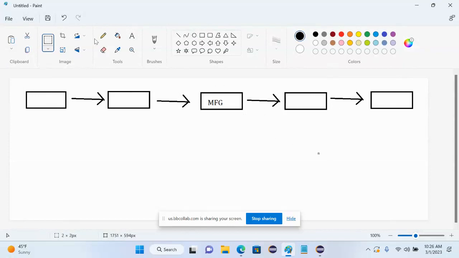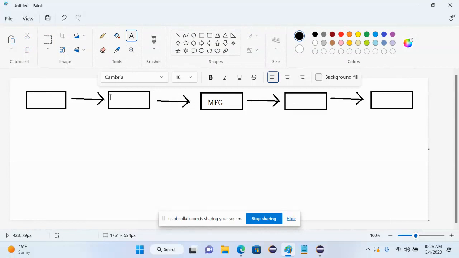Okay. So who does the manufacturer buy stuff from? Suppliers. Very good. And who do the suppliers buy stuff from? Suppliers of the suppliers. We'll call it raw materials, right? So here, raw materials, and then for this one, call this raw mats, and this one we'll call components. All right.